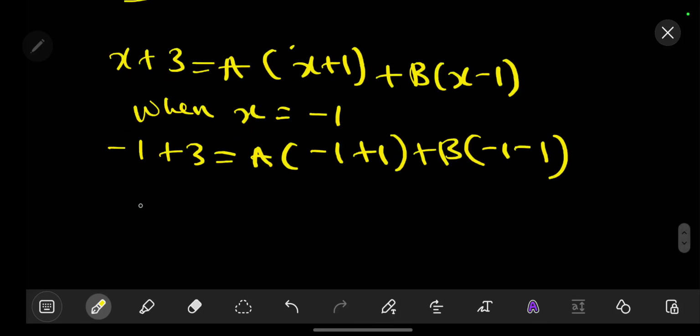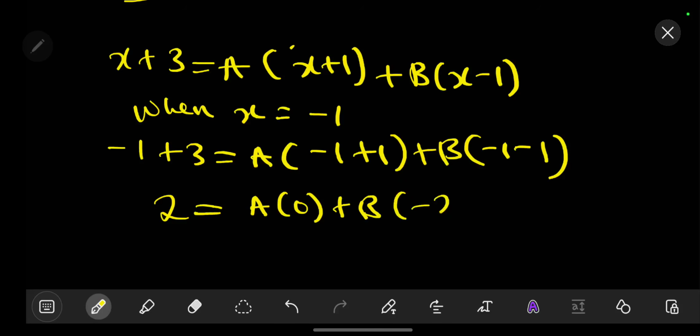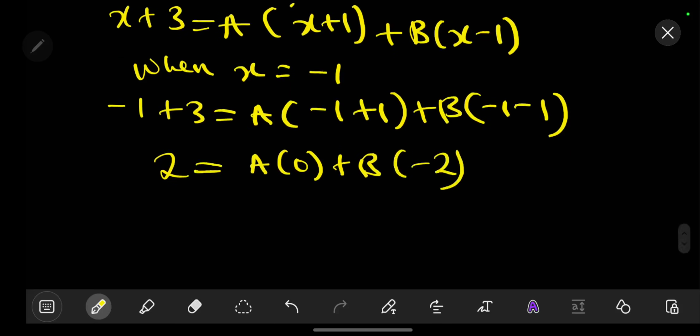This is going to give us 2 should be equal to, we have a 0 there, then we have plus b times (-1 minus 1), which is equal to -2.